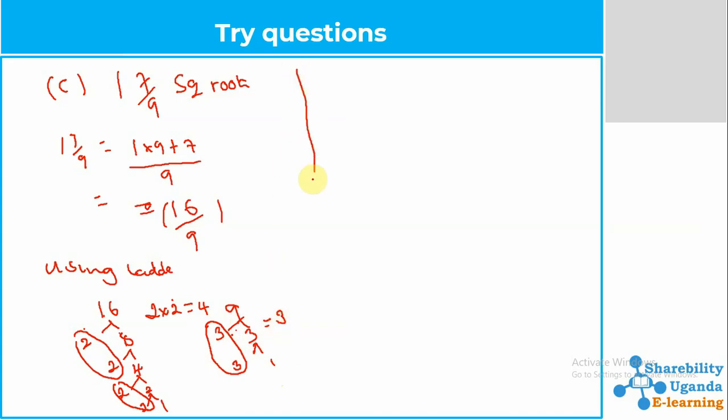Then after we have got the square roots of these numbers, this simply means that 16 out of 9 is equal to 4 times 4, divided by 3 times 3.